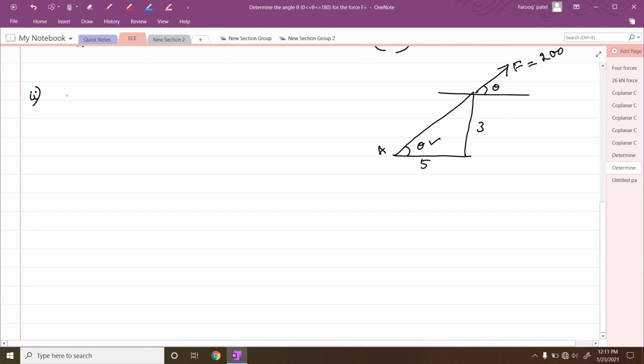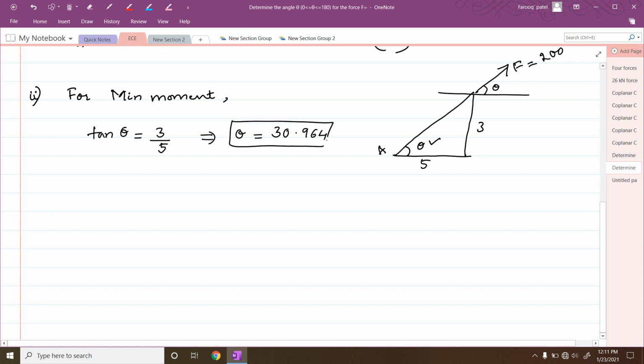For the minimum moment, tan theta will be equal to 3 by 5. Therefore theta will be equal to 30.964 degrees. And what will be the minimum moment? M minimum will be equal to 0.